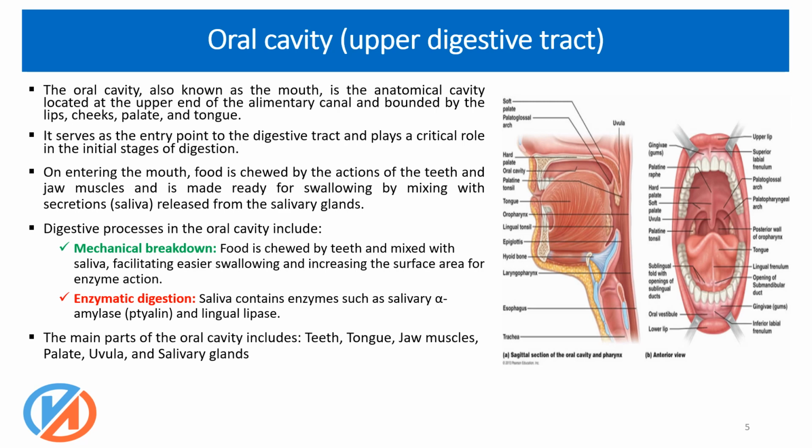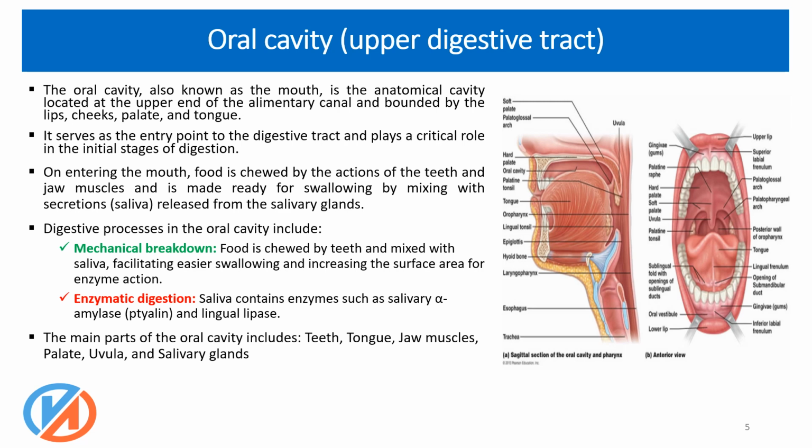And the oral cavity serves as the entry point to the digestive tracts and plays a critical role in the initial stages of digestion. On entering the mouth, food is chewed by the actions of teeth and jaw muscle and is made ready for swallowing by mixing with secretions or saliva released from the salivary gland.